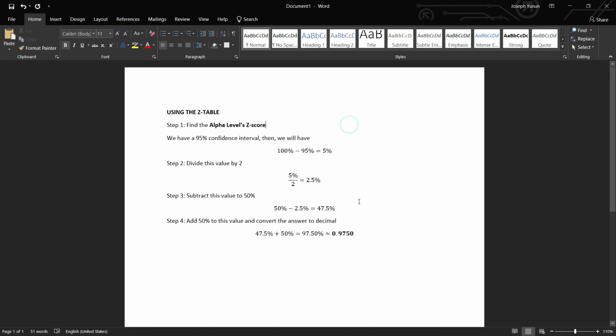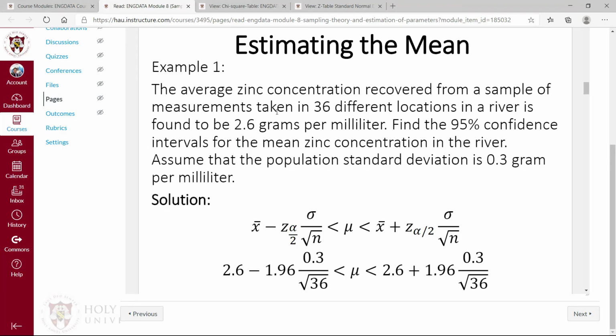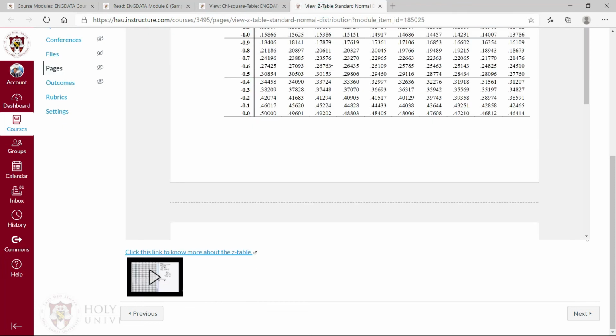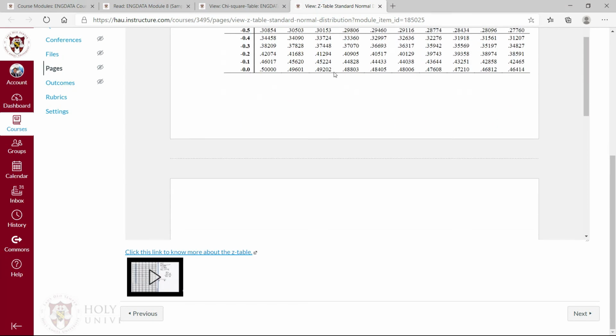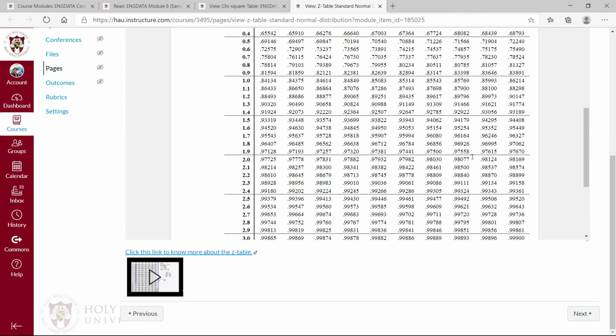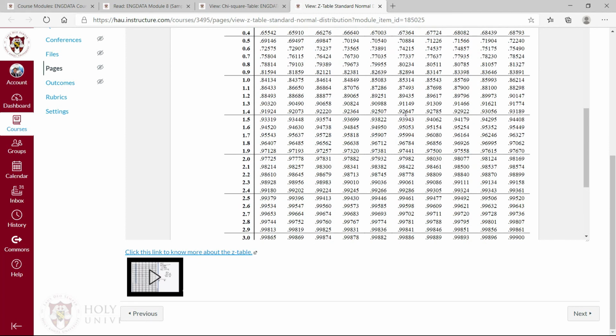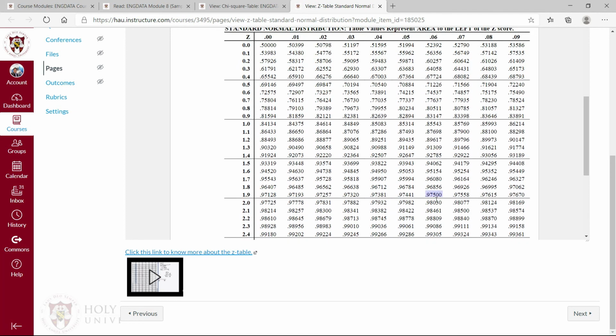From that value, let us simply go to the z table and look for 0.975. For the value of 0.975, there it goes, 0.9750. So you have 1.9 plus their intersection is 0.6.